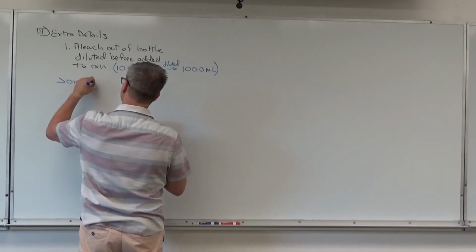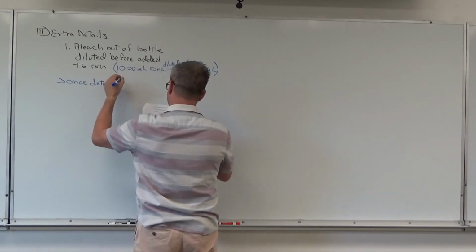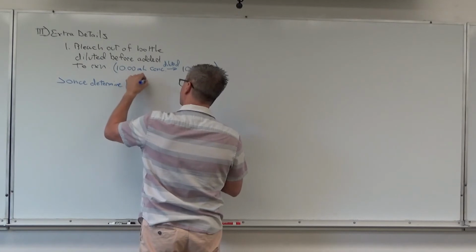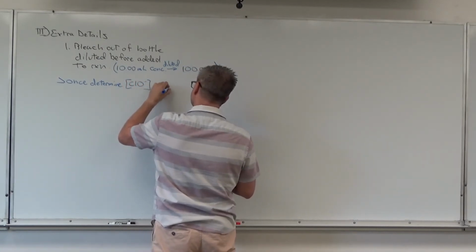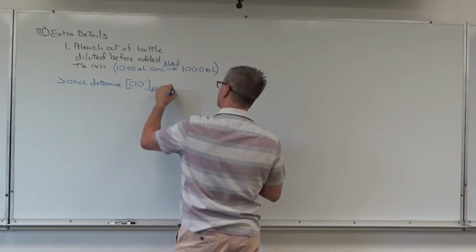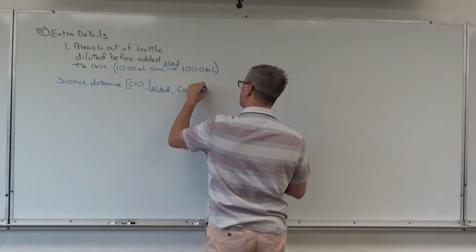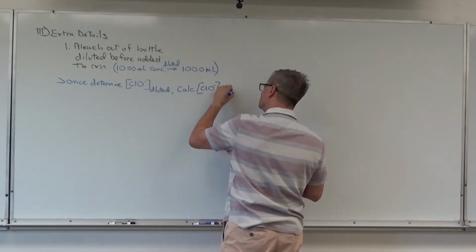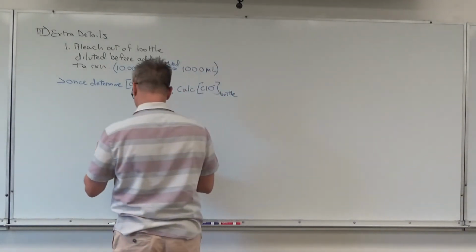Once we determine the concentration of hypochlorite diluted, we can calculate the concentration of hypochlorite out of the bottle. How do we do that?